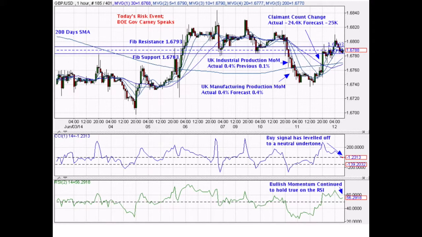In accordance to the SSI, which is commonly known as the Speculative Sentiment Index, net retail traders' short interest on the cable has fallen to record lows. Currently, there are 2 net short pound dollar positions for every 1 long position taken up by retail traders.